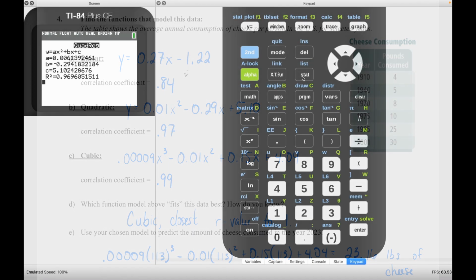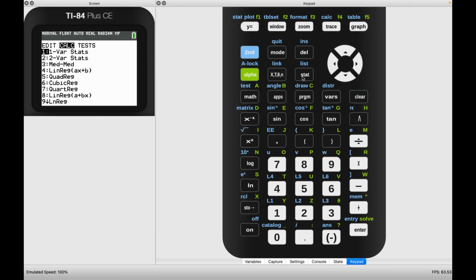And then we go back and do our last one, which is a cubic regression. Here, again, I still got this scientific notation, e negative 5, so times 10 to the negative 5th power.